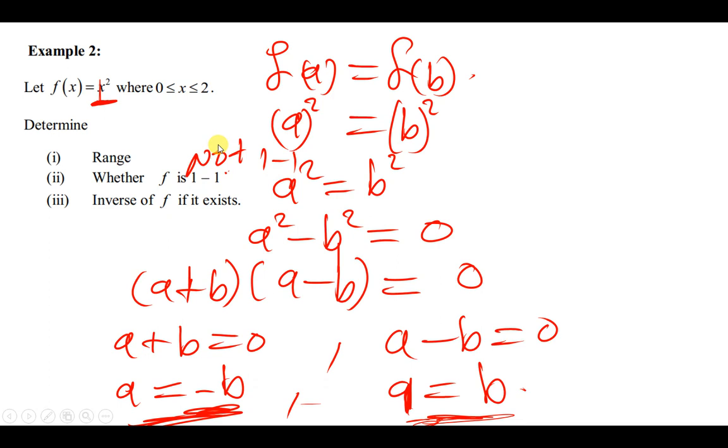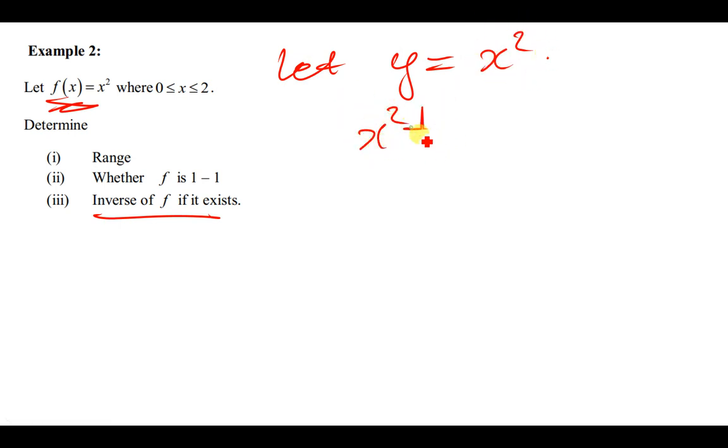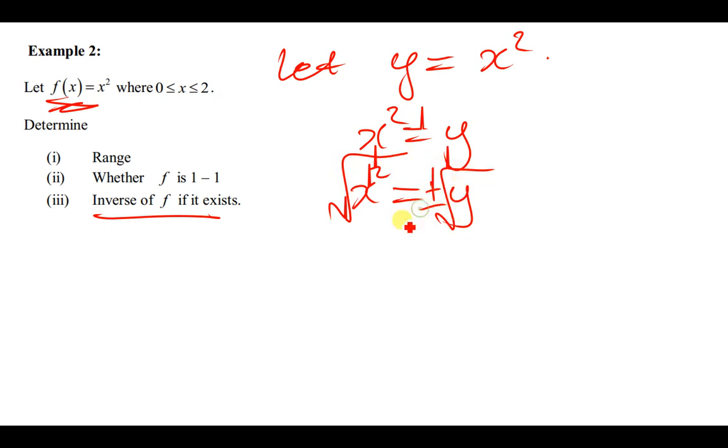Okay, let's quickly move on to determining whether this has an inverse or not. To determine whether it has an inverse, we simply have to find the inverse of this function. So to find the inverse, we say let y be equal to x squared. So we make x the subject: x squared is equal to y, and then we take the square root, with plus or minus, so the square and the root cancel.